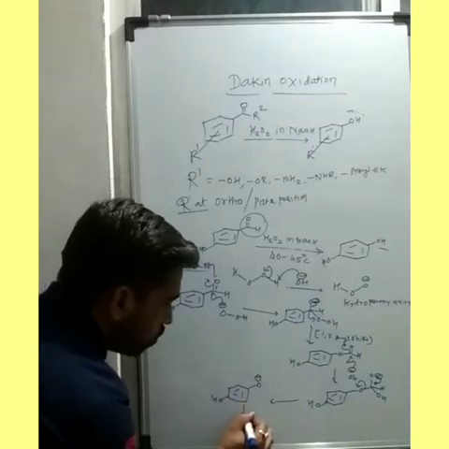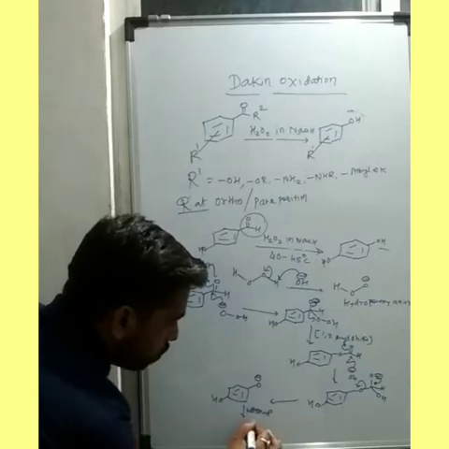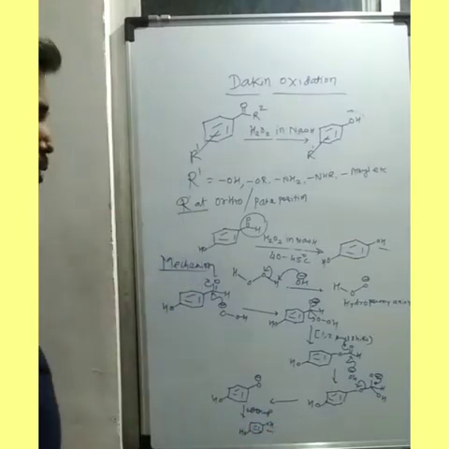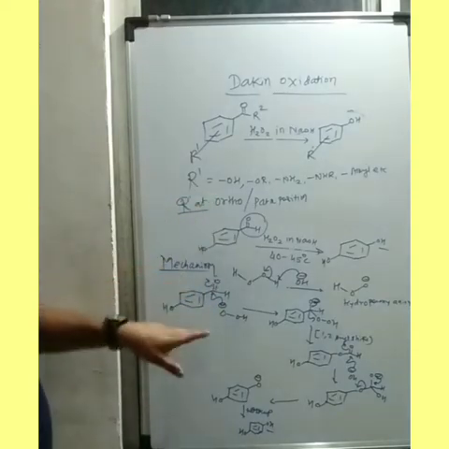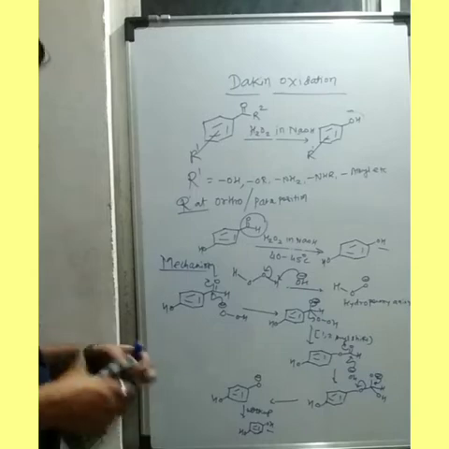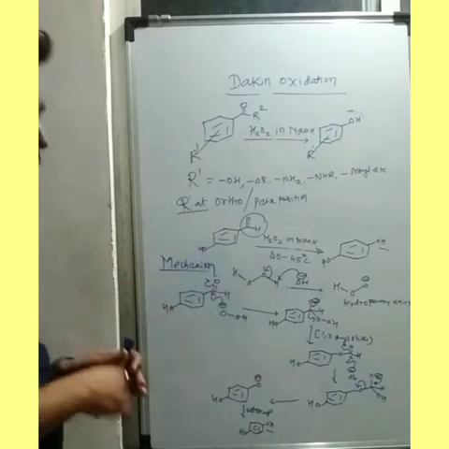After the workup step, it abstracts the proton, and we get the corresponding phenol. This is all about the mechanism for the Dakin oxidation reaction. This mechanism is very similar to the Baeyer-Villiger oxidation reaction.